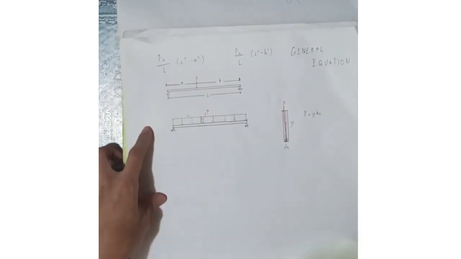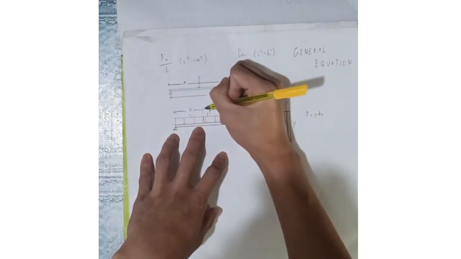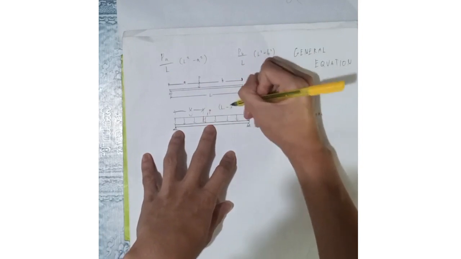To create the equation, the distance A has a distance x, and the distance B has a distance L minus x.